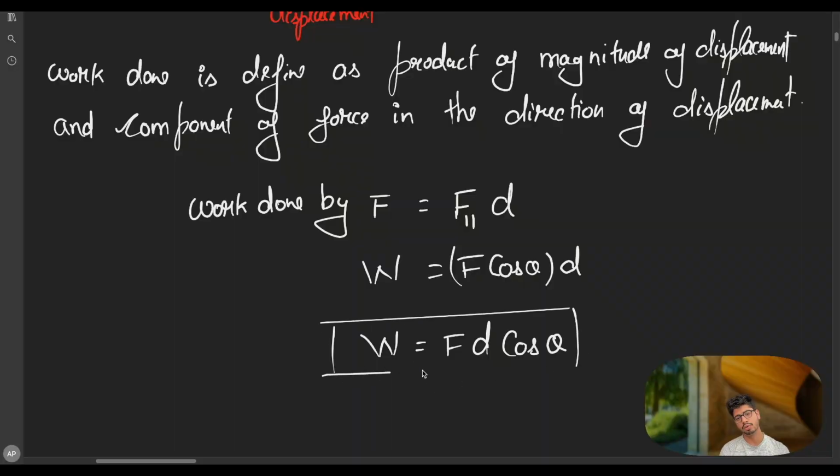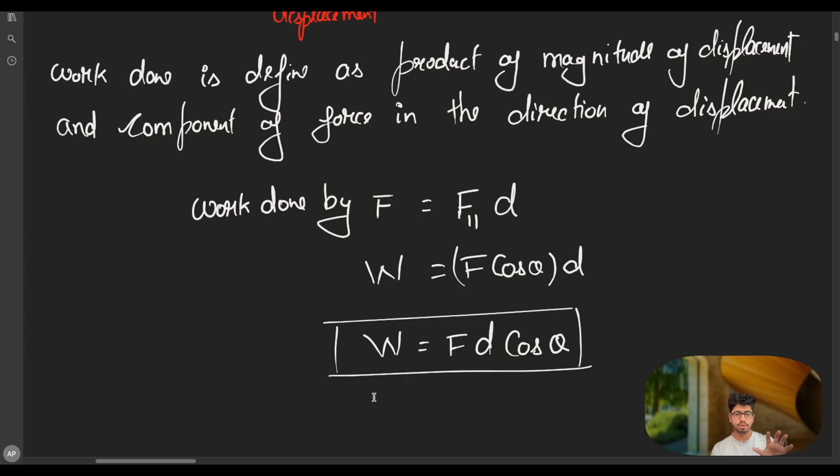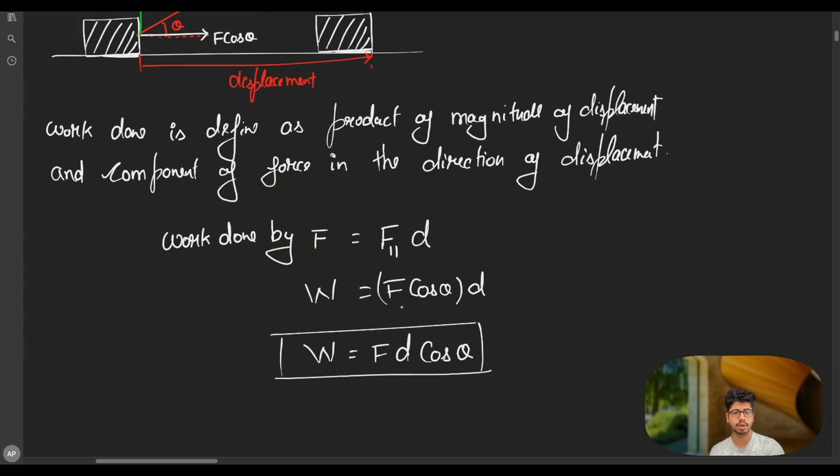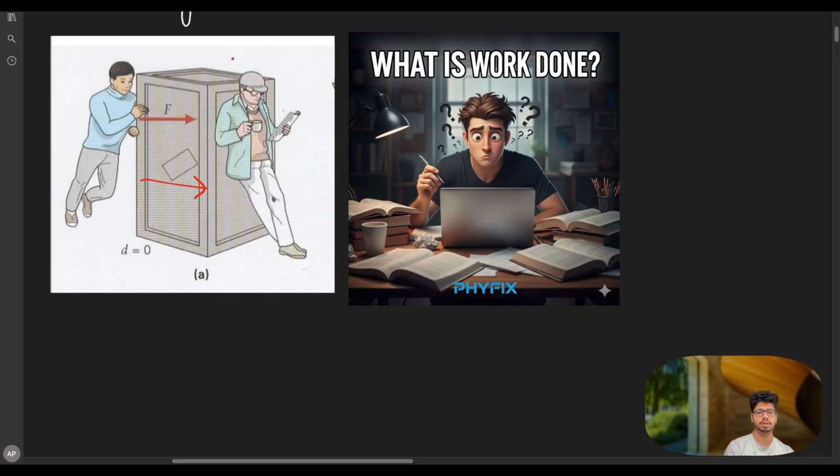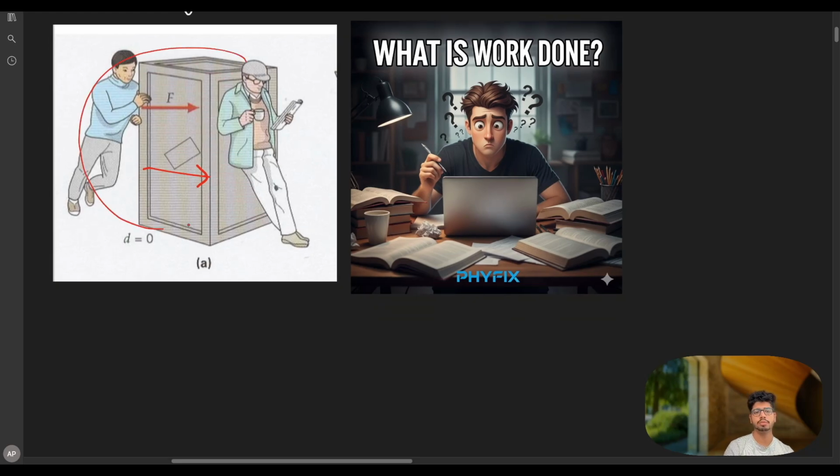Now you will get the answers to all the questions that I asked you initially. First, the case I showed you: this person is trying to displace the block, but there is no displacement, so the work done by this person is zero. The person can apply that force the whole day and not do any work.